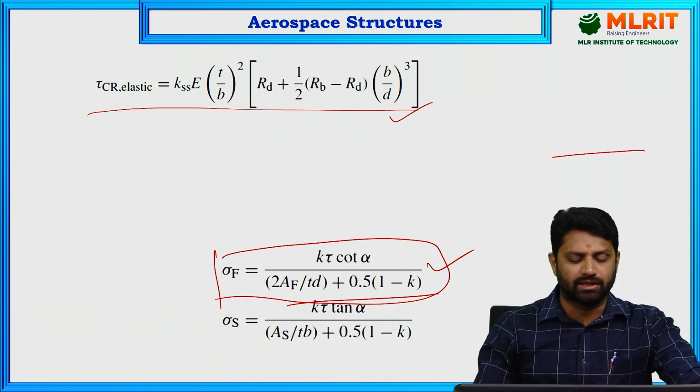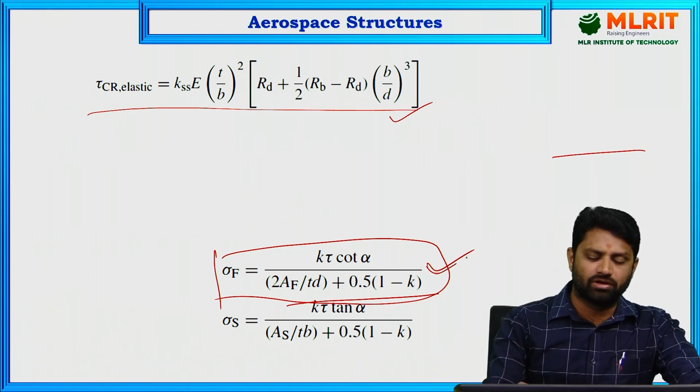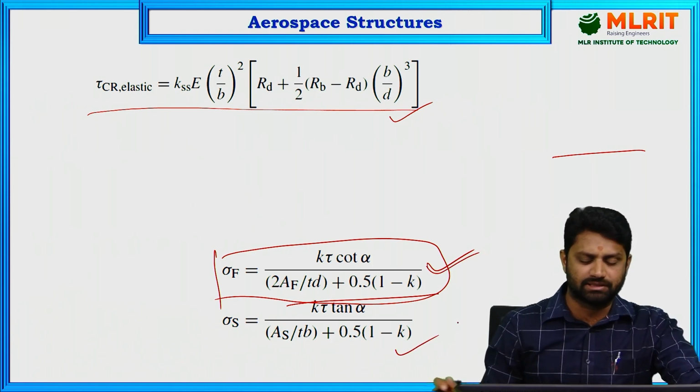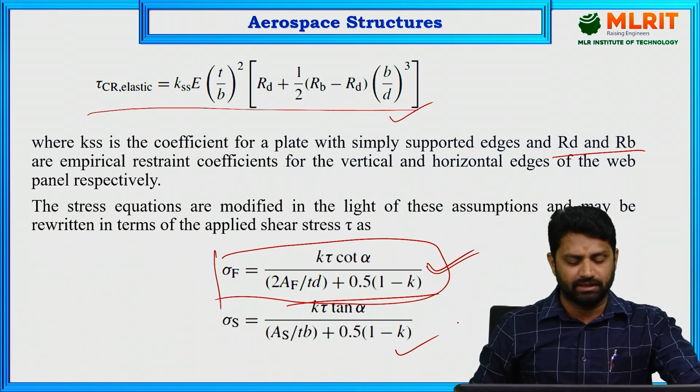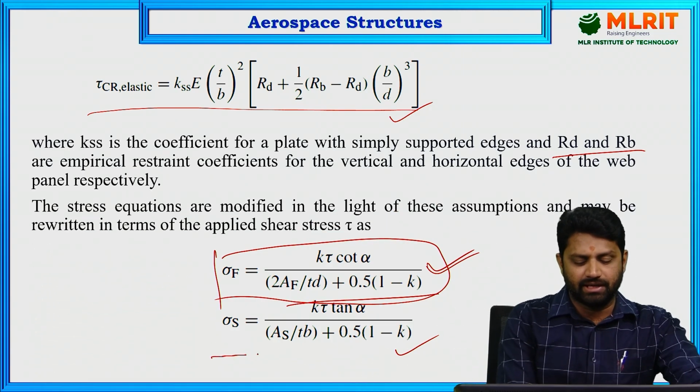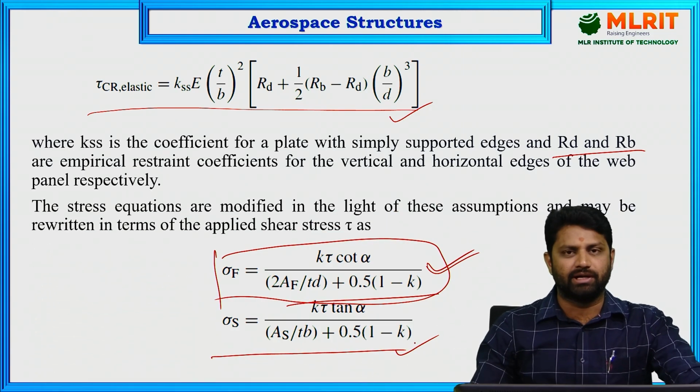So this is the stress we got, and another stress, that is sigma s, equal to K tau tan alpha divided by As into As divided by Tb plus 0.5 into 1 minus K. These are the stresses that will arise whenever we study incomplete tension field beams.